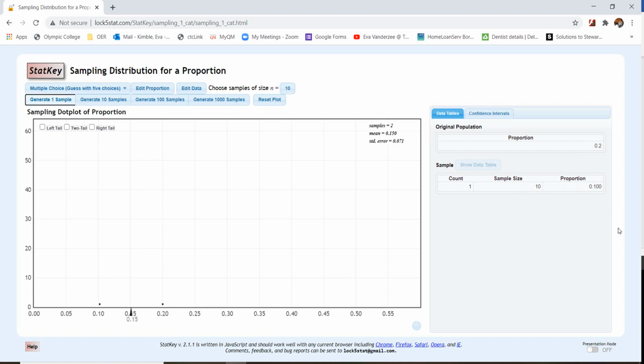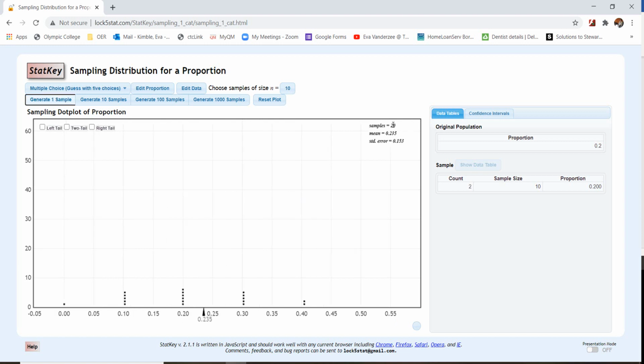If I do it again, that has a proportion of 0.1. So that means that only 10% got the question correct. If I continue to do this, notice over here on the right-hand side, my proportion is changing for each sample that I do. So sometimes it's higher and sometimes it's lower.